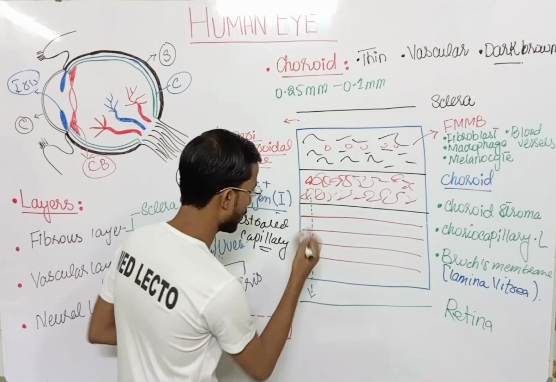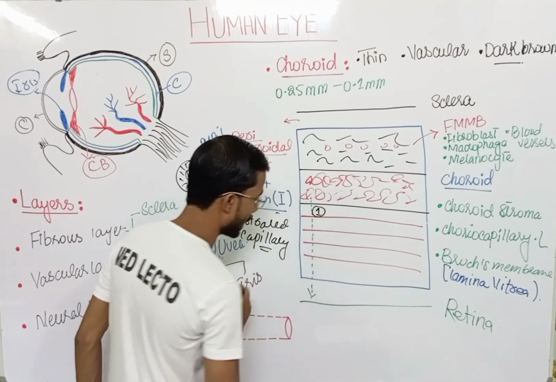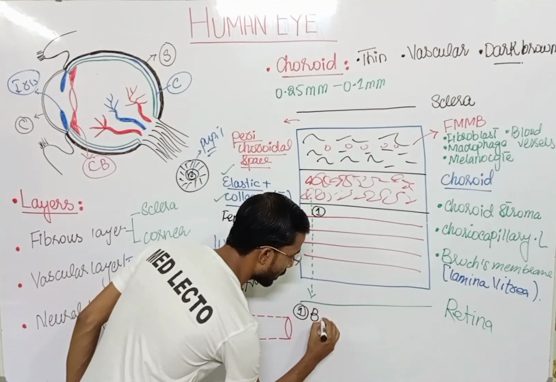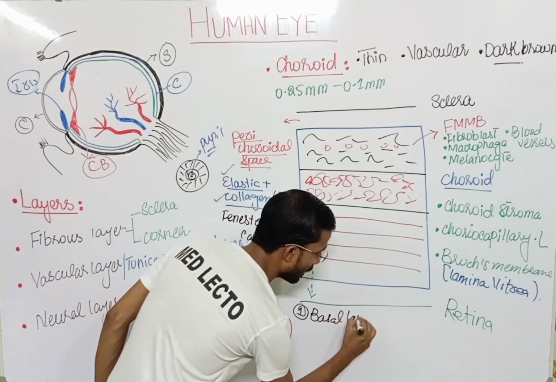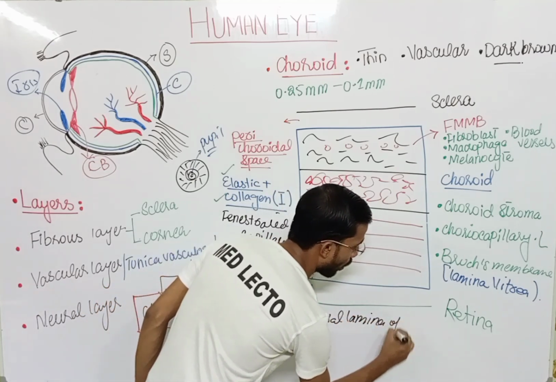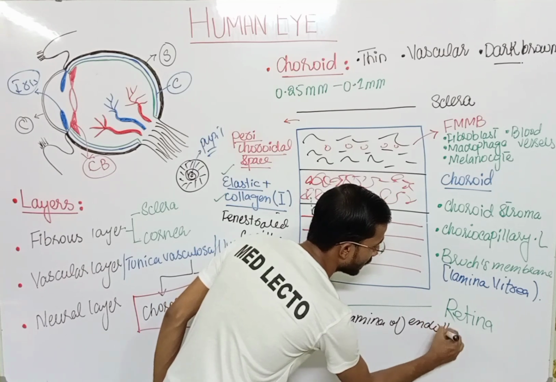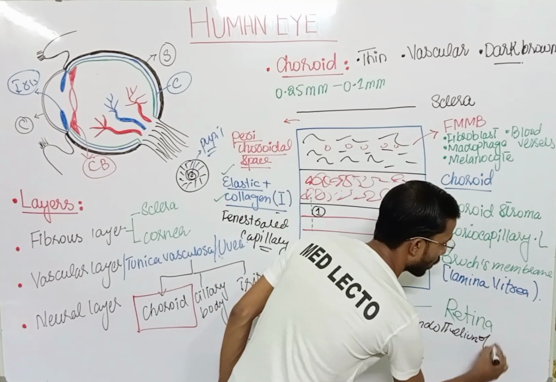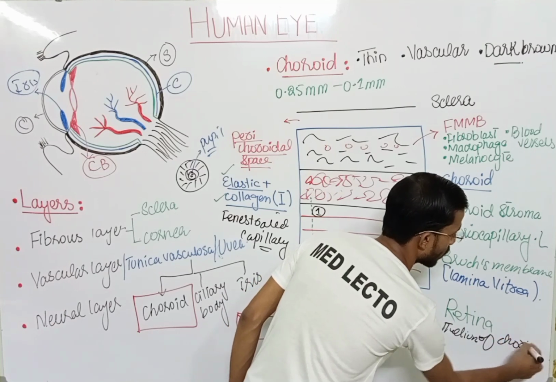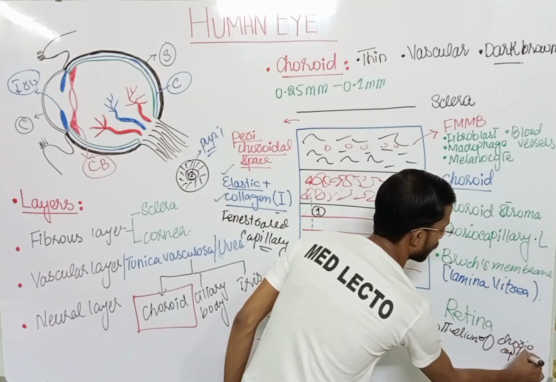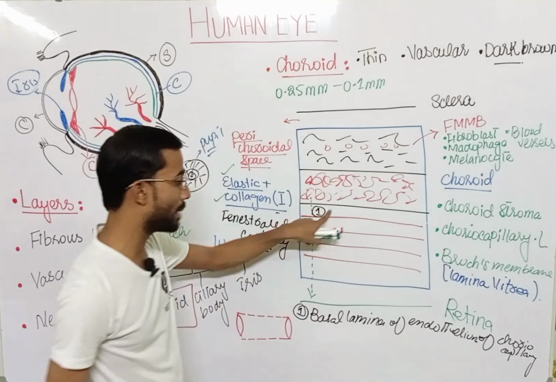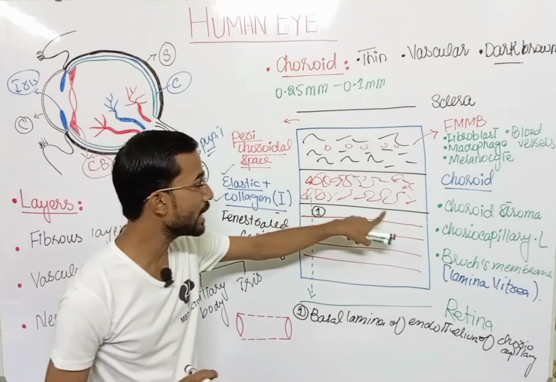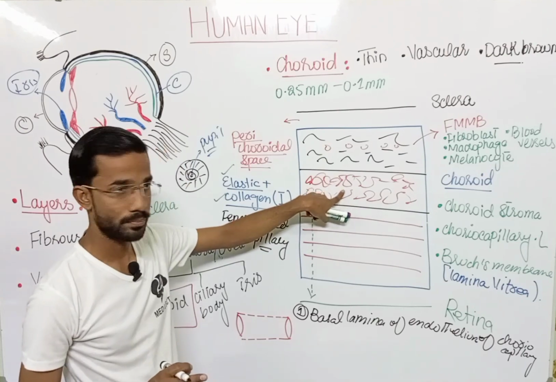So it is the basal lamina, basal membrane or basement membrane of the choriocapillary.